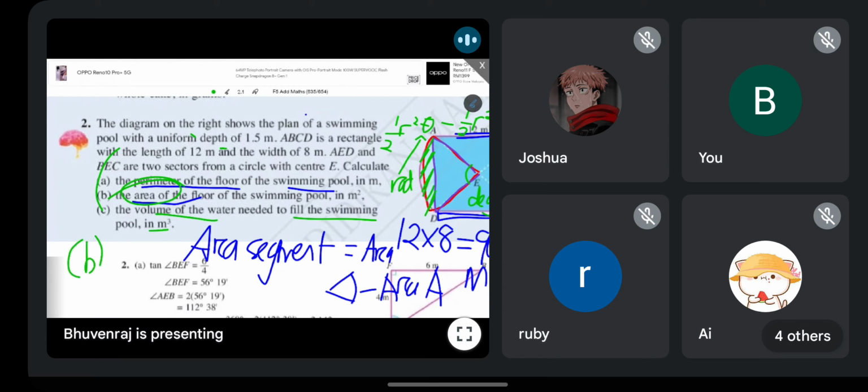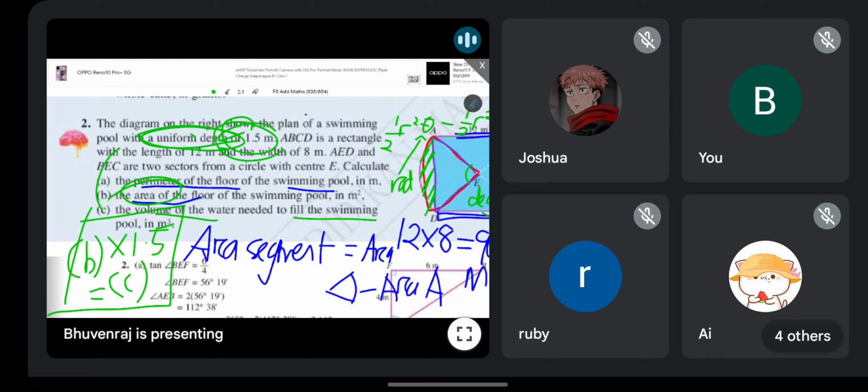Maksudnya jawapan B, kamu kali dengan kedalaman. Kedalaman tu tinggilah 1.5 meter. Kamu akan dapat jawapan untuk soalan C. Understand guys? Itu sebab soalan cakap kedalaman yang seragam, uniform depth. Baru kamu boleh apply yang ni. If the depth is not uniform, you cannot find the volume like this.